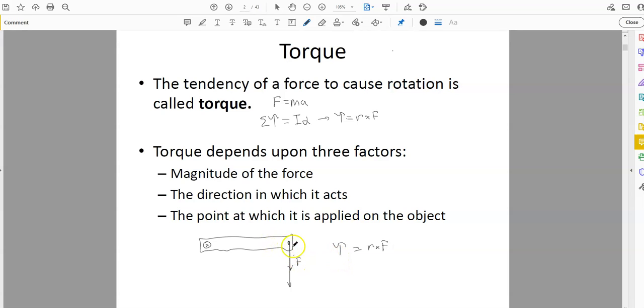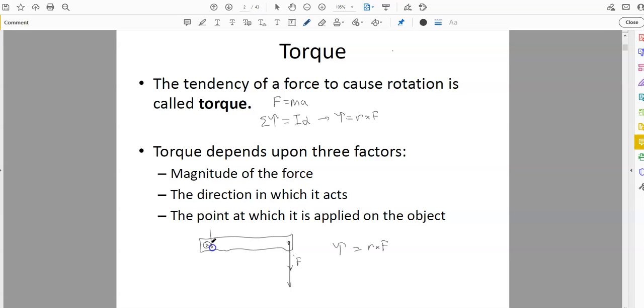The direction in which it acts, in this case, this force would be pulling down on this lever arm and cause it to start spinning clockwise. So this would be a negative torque. And then finally, the point at which it is applied to the object right here is the distance of the force to the pivot point.